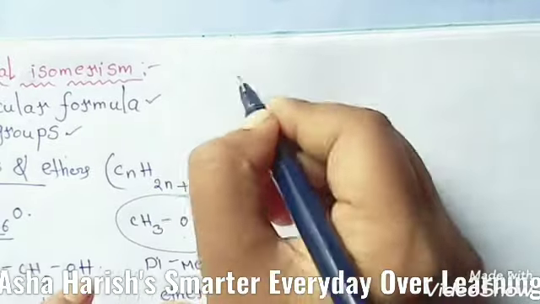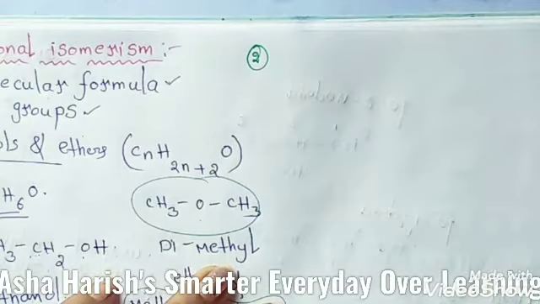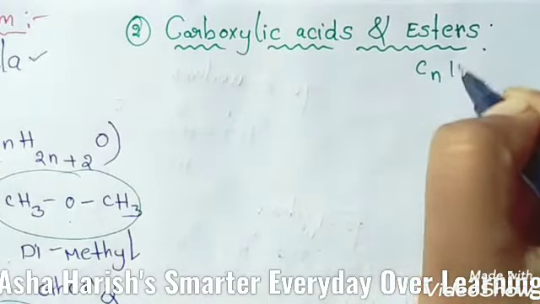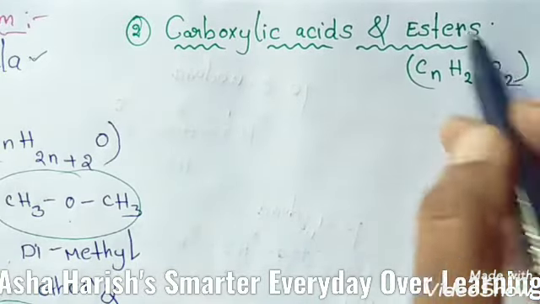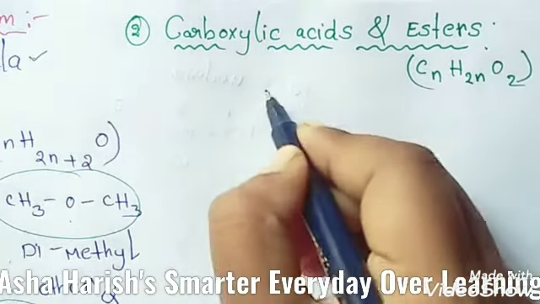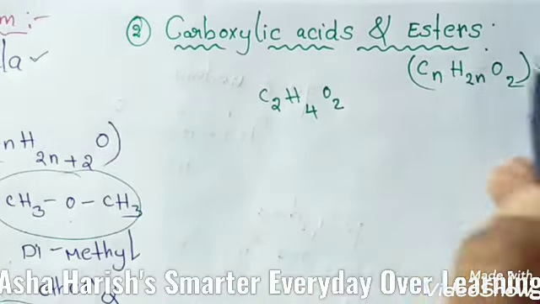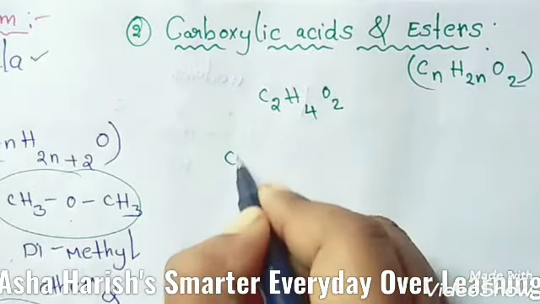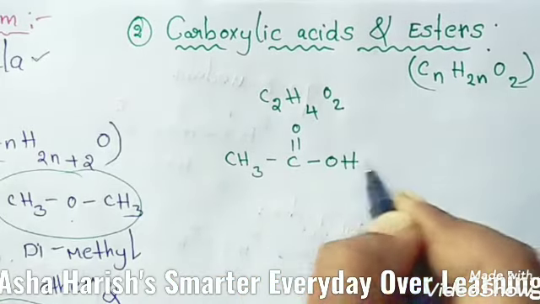Now let's see the second type. Second type is carboxylic acids and esters. Here the general formula is CnH2nO2. This general formula shows the functional isomerism. For example, C2H4O2 represents the structure CH3 C double bond O OH.